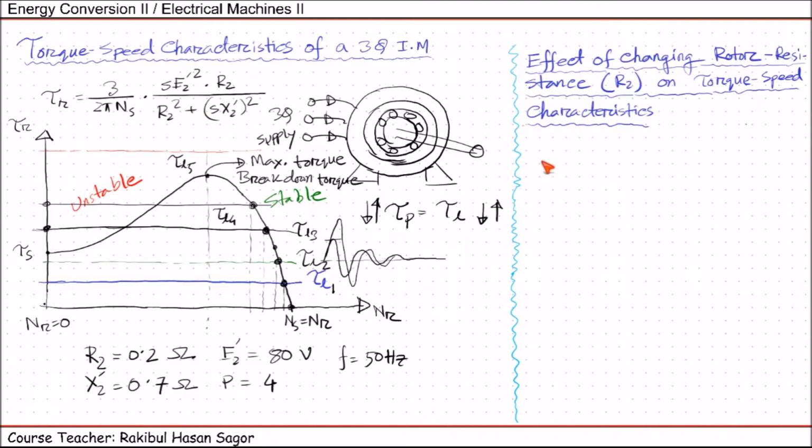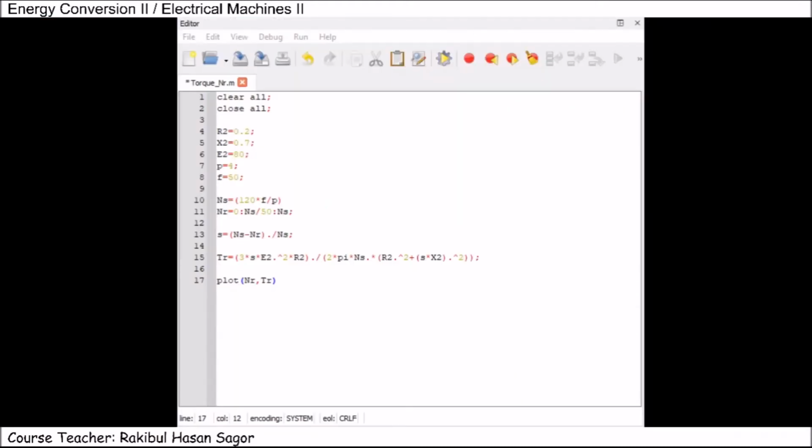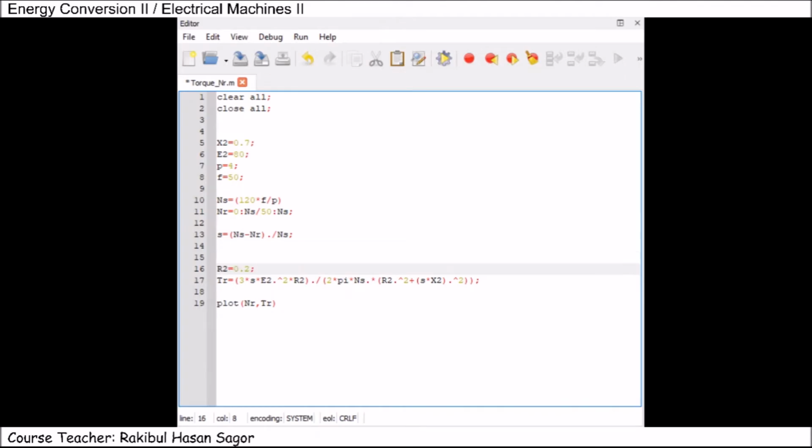Here we plot the same for different R2 values using Octave. Let us modify our previously developed code. Here we took one fixed value R2 equal to 0.2. So let me take this from here to here.